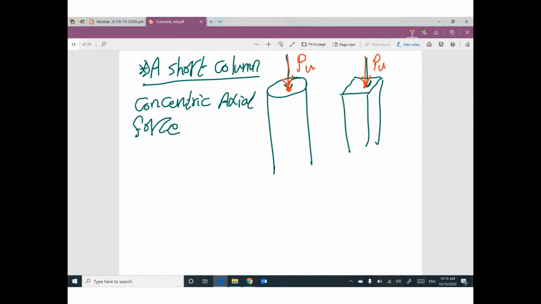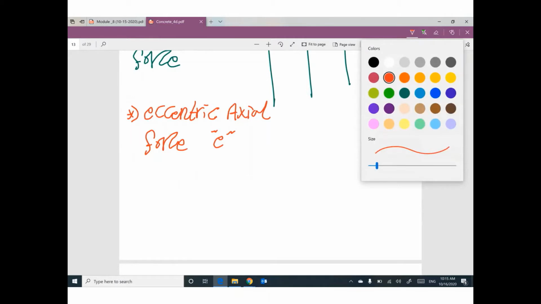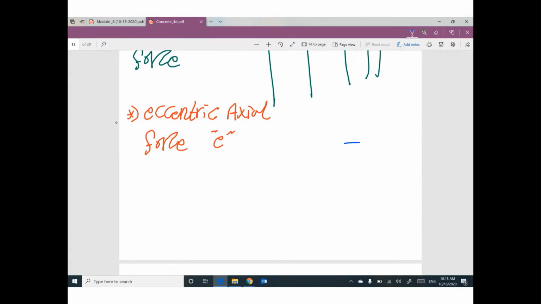We have another expression that will be covered today: eccentric axial force with distance E. Most of the time, you have a column like this.